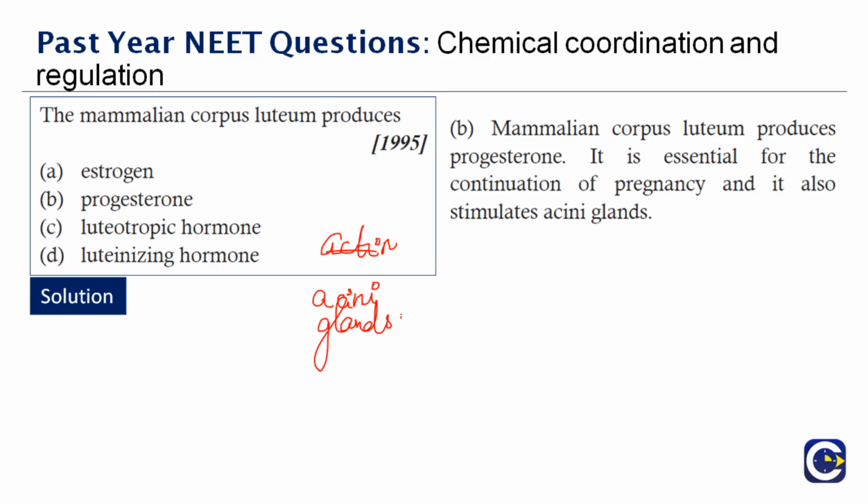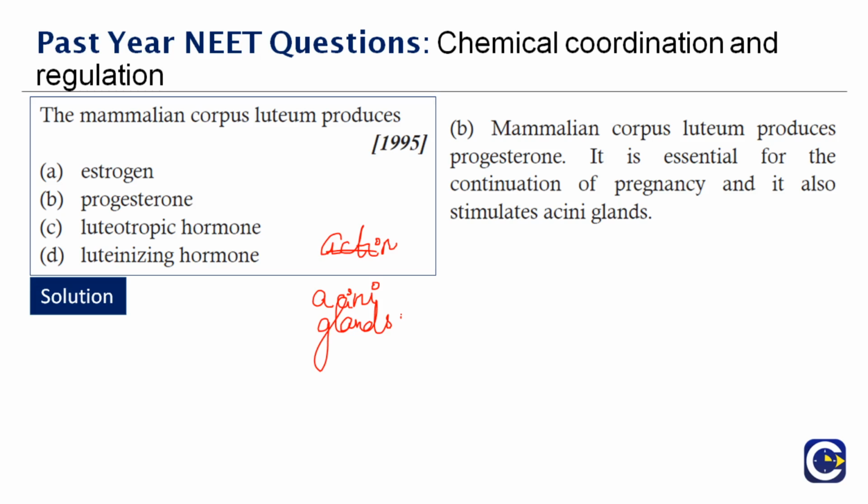So, any other information that you know about this particular corpus luteum? Yes, you should know because we already spoke about it in the earlier chapters. Do you remember? The corpus luteum is a yellow hormone secreting body in the female reproductive system. It is formed in an ovary at the site of the follicle or the sac.